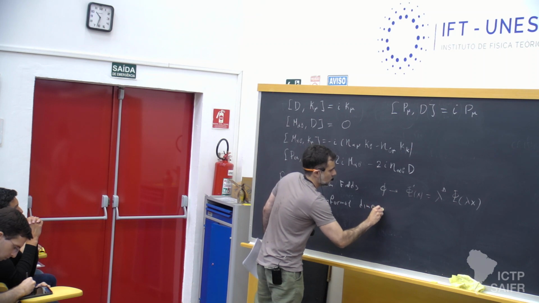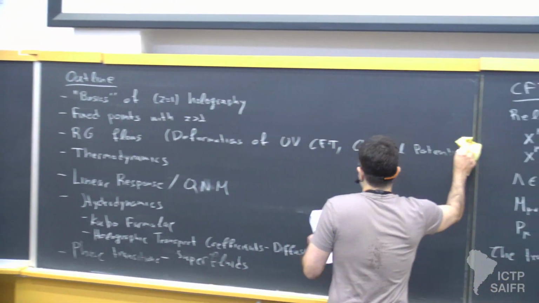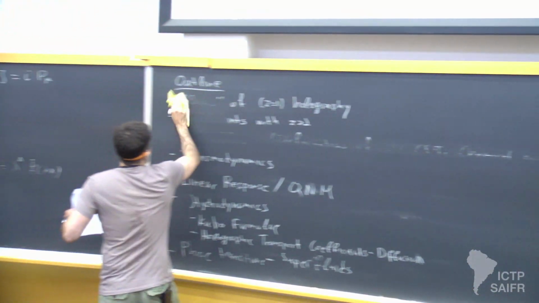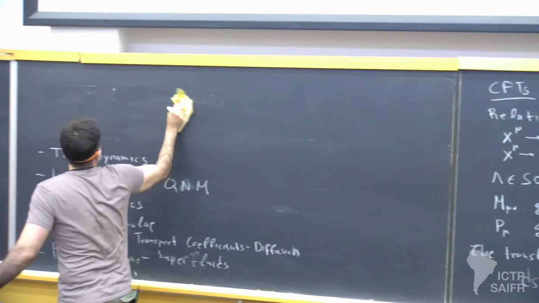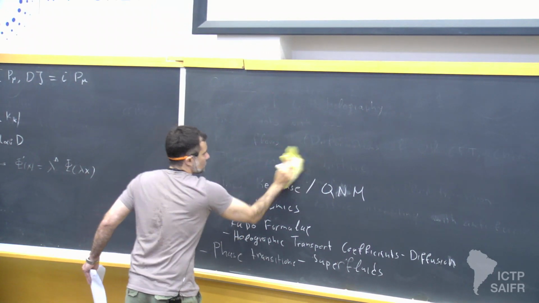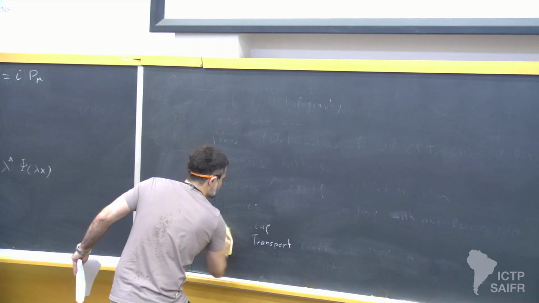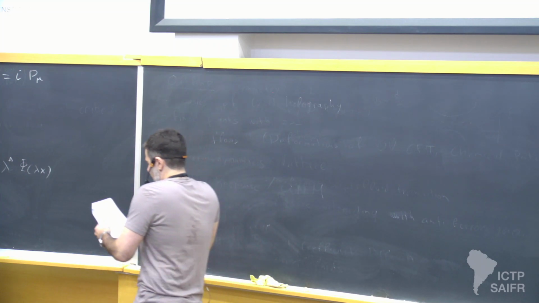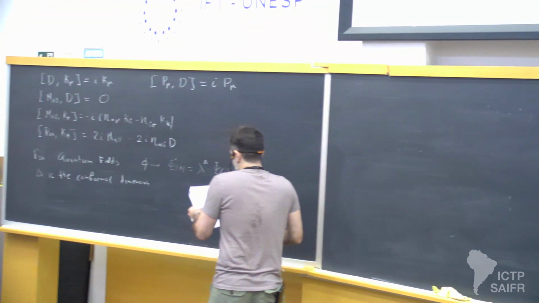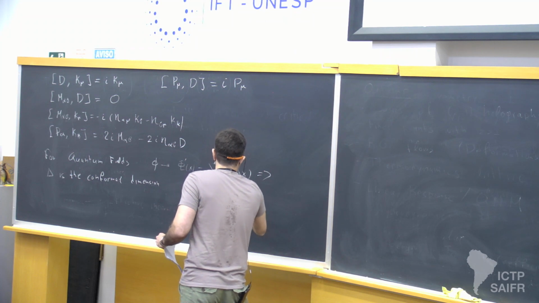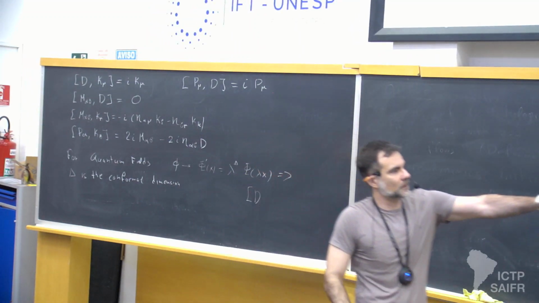Now, at the level of commutators, if you want to see what D does to the field phi, well, you know the full transformation, but just from this transformation, you can write the commutator, D, that's the generator of dilatations.